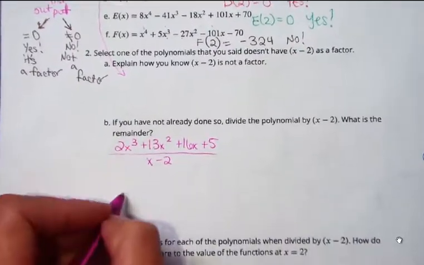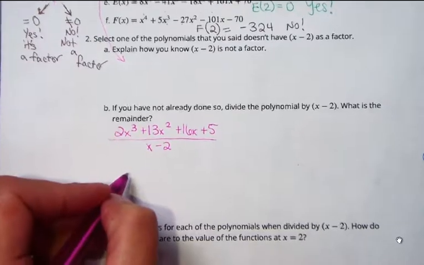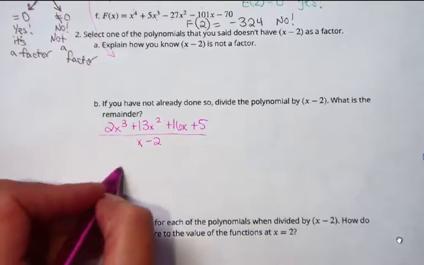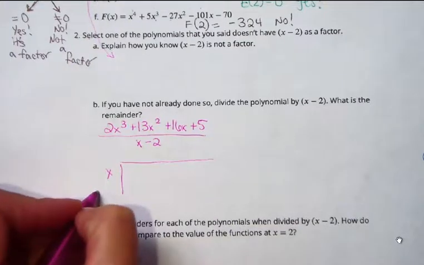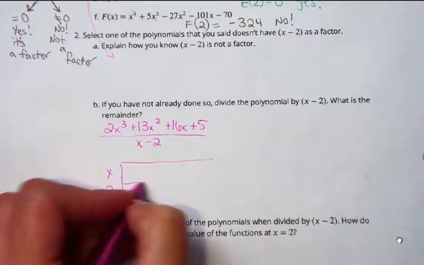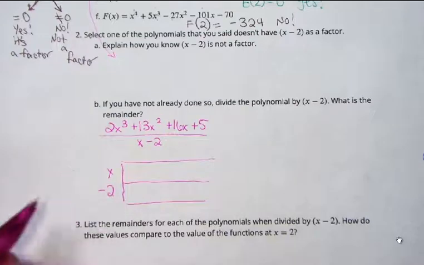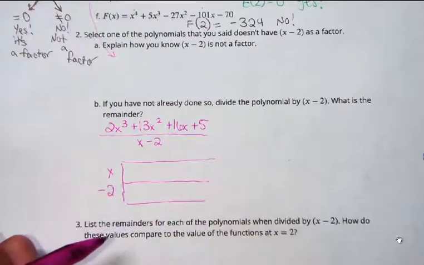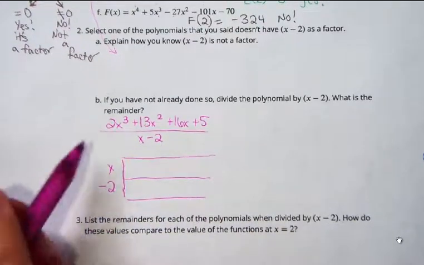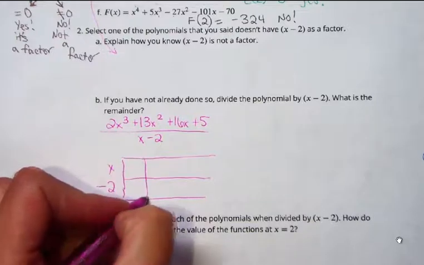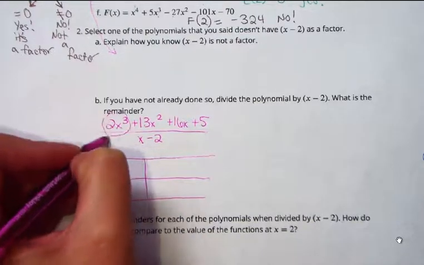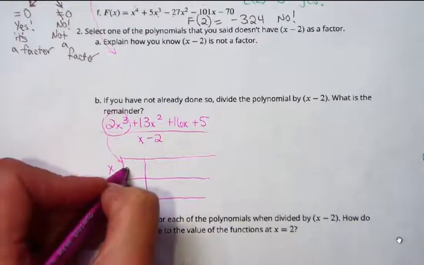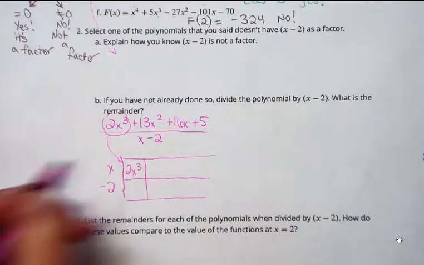All right. We're going to do our standard setup for polynomial division using the grids. We put the factor that we're checking on the outside. I don't know how many columns it's going to be. I put my first leading term into the first inside box, 2x to the third.